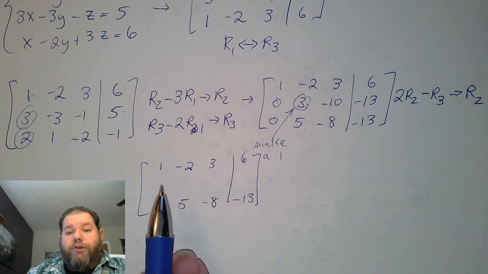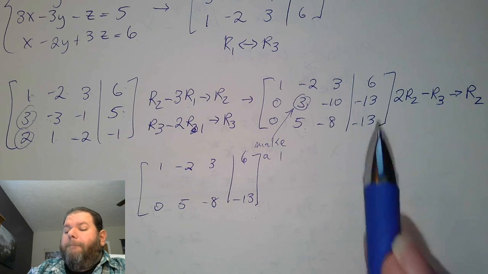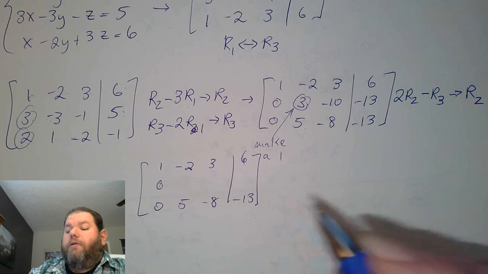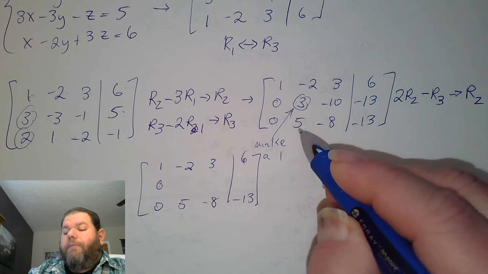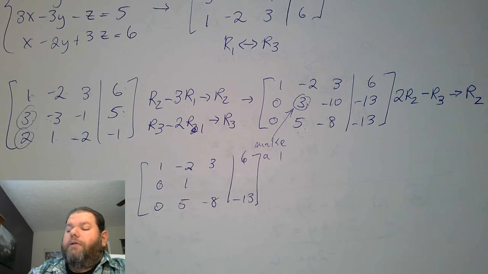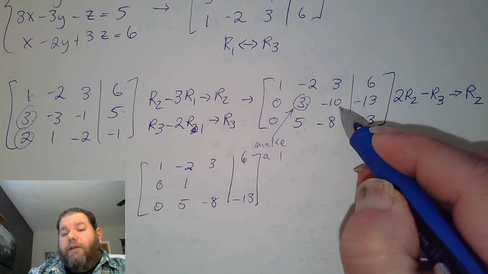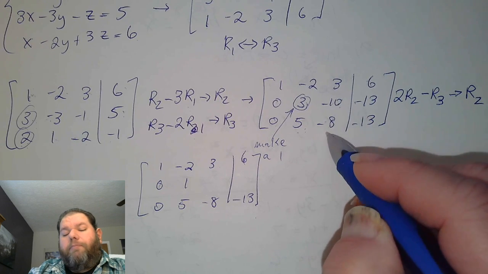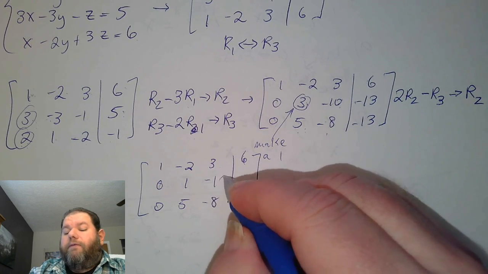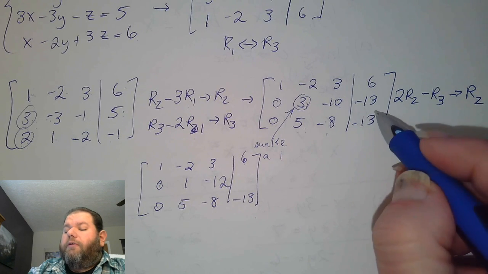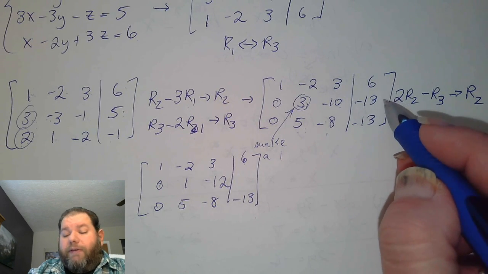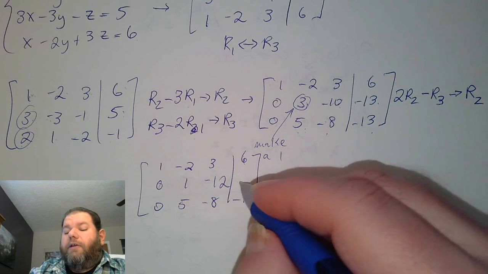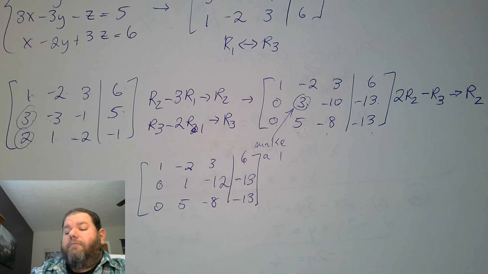The only row that we're changing here is 2. So we take 2 times 0 minus 0, 0. 2 times 3 is 6, minus 5 is 1. 2 times negative 10 is negative 20, minus a negative 8, so negative 20 plus 8 is negative 12. And 2 times negative 13 is negative 26, minus negative 13, so negative 26 plus 13, negative 13.